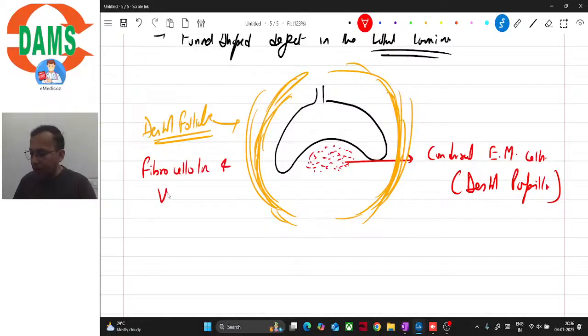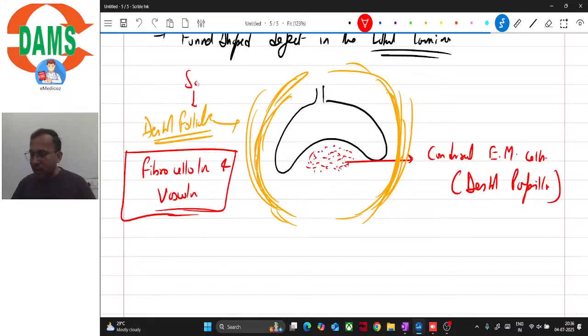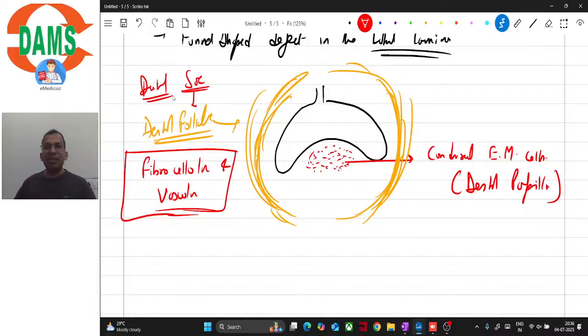So at this moment we can appreciate all the three structures, that is enamel organ, dental papilla and the dental follicle or the dental sac. So dental follicle is also known as dental sac. It's one and the same thing, right?